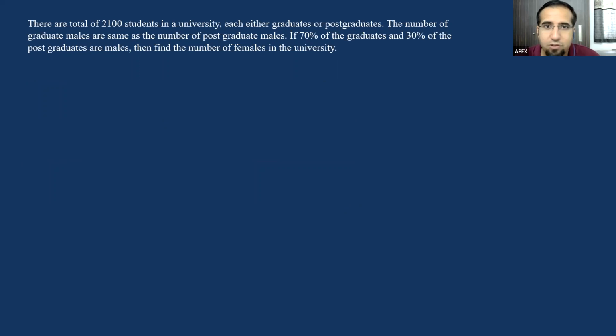So the 2100 students, each of them are either graduates or postgraduates. So 2100 are in the form of graduates and postgraduates. The number of graduate males is same as the number of postgraduate males. Okay. So let's say this is 100x and let's say this is 100y.